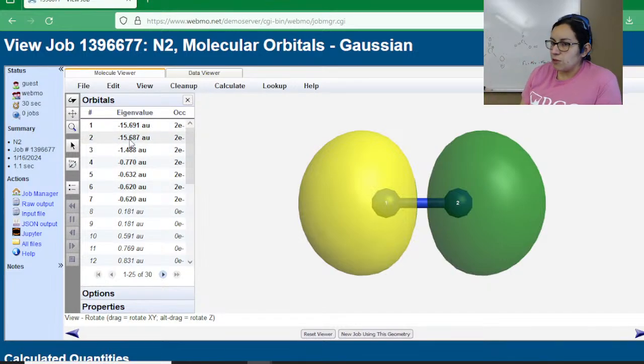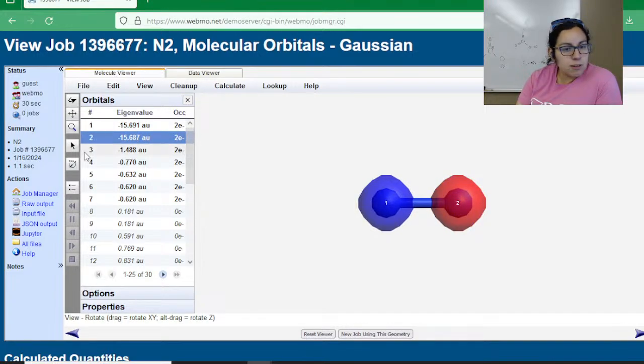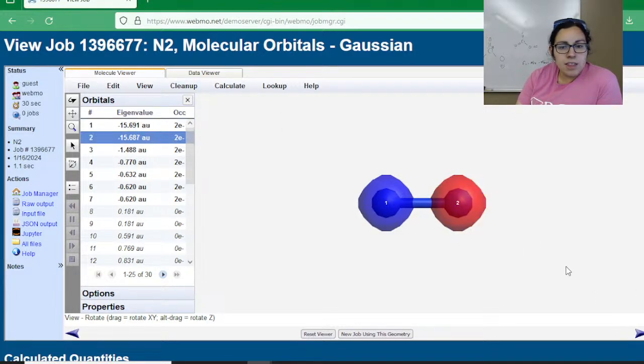First of all, it's spitting out all the orbitals. Usually your two bottom ones tend to be your core electrons. If this is N2, this is going to be your 1s in phase combination and then out of phase combination.